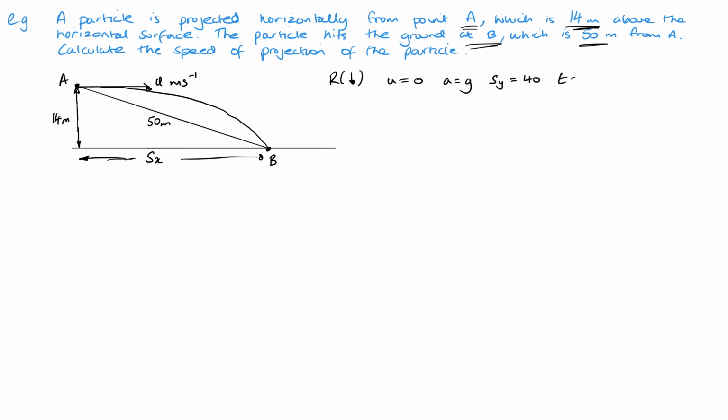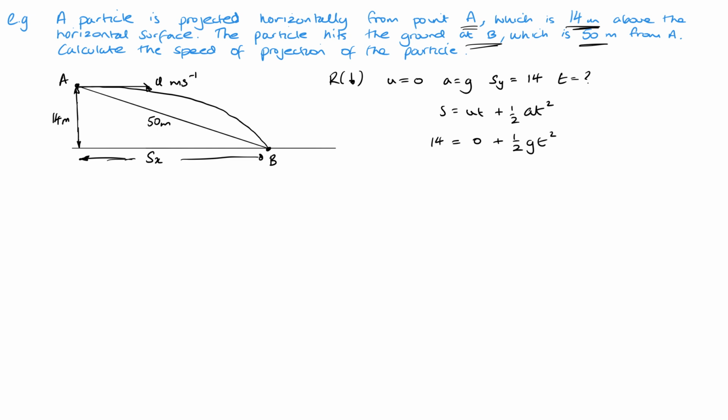Oh yeah, time, what we're trying to find. So S equals UT plus a half AT squared. And then we've got 0 plus a half GT squared, and that is equal to, sorry, not 40, 14.